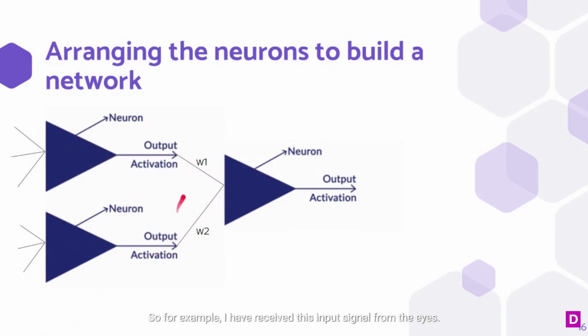So for example, I have received this input signal from the eyes, those are processed, and if I want to say that the picture which I just saw is a dog, then the output would be my mouth. So these neurons would be present just before the mouth.